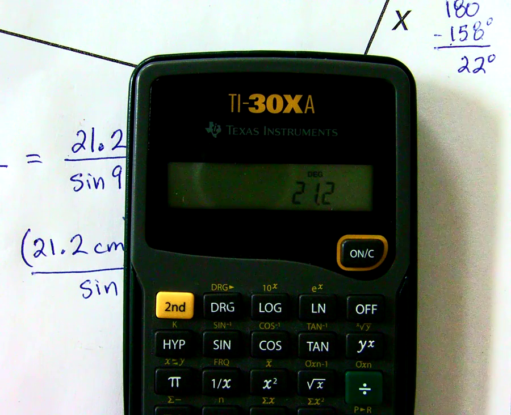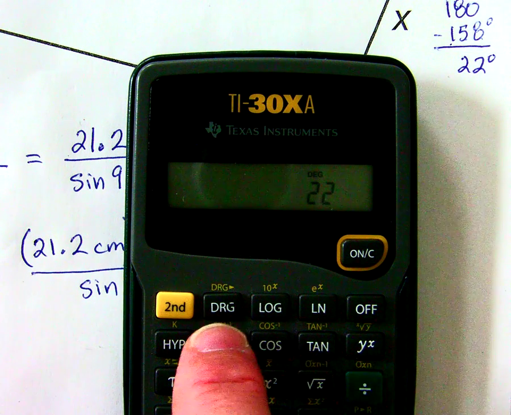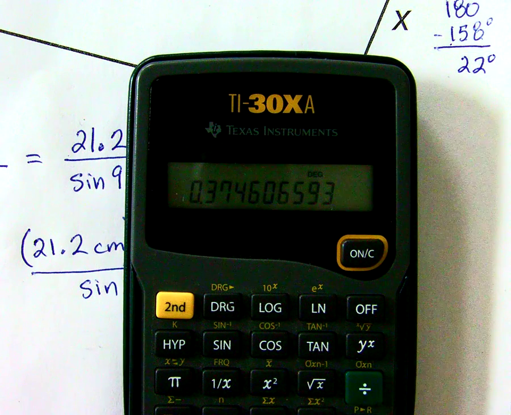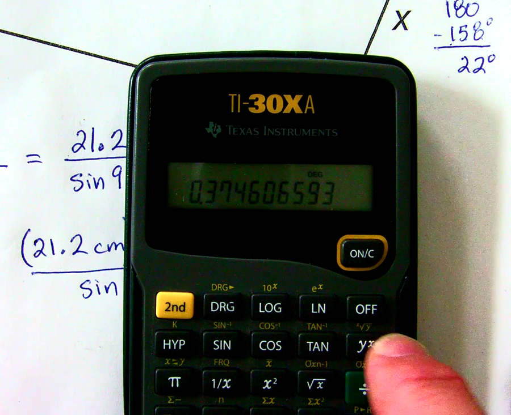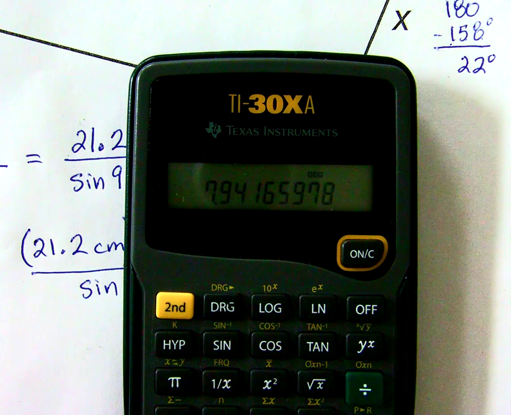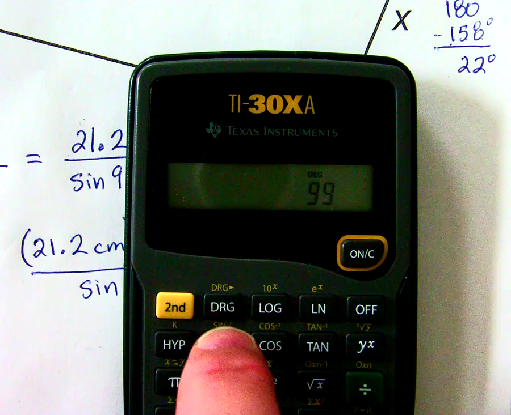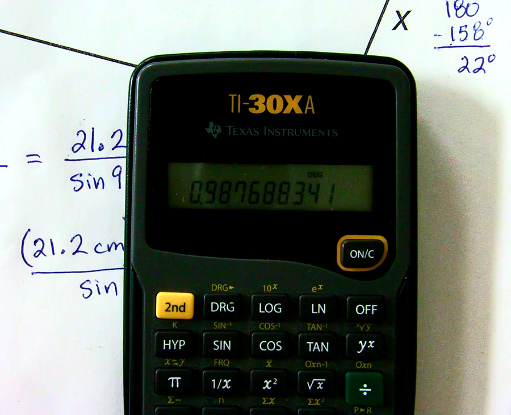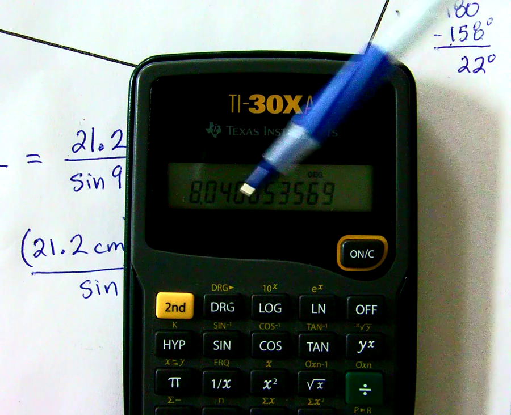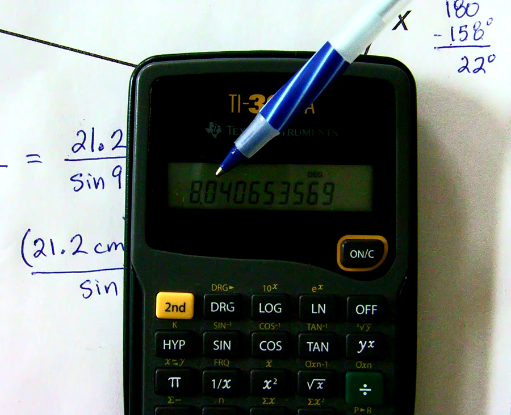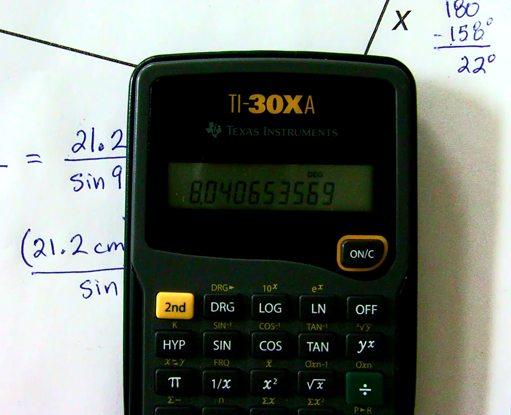In this calculator, I have to do 22 first, then the sine. Now I'm going to divide that by the sine of 99 degrees, so I hit divide by, then 99 sine, and then hit equals. Notice that to the nearest tenth, x is going to be 8.0.